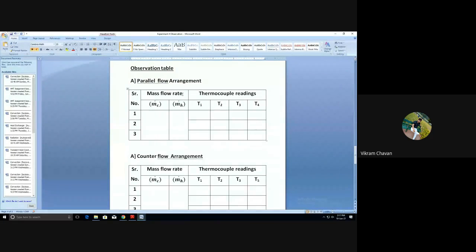You require the mass flow rate for the cold fluid and the hot fluid, then thermocouple readings. If you want to take one, two, three readings, there is no problem, and if you want to take only one reading after some time, then also no problem.